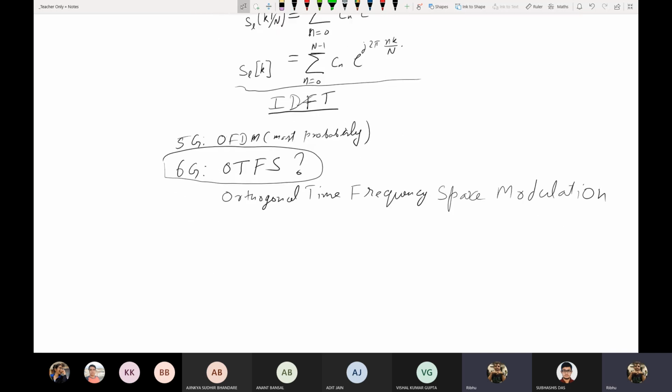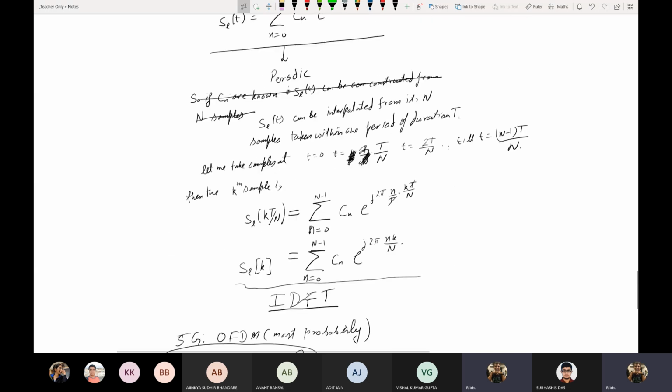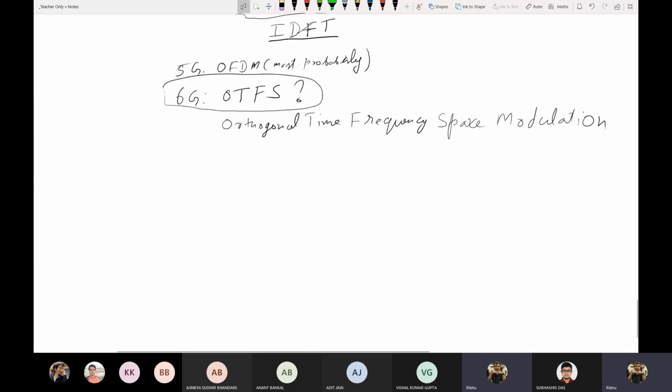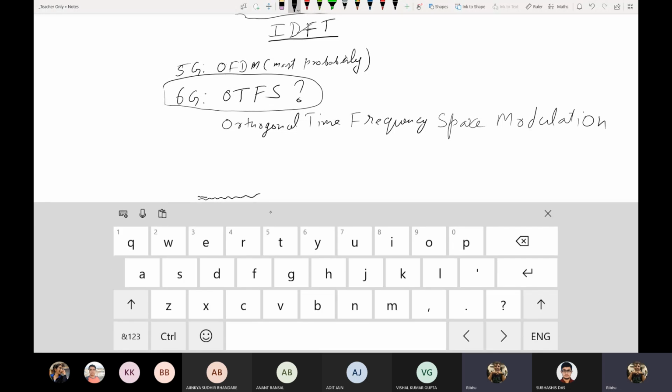Anyway, we lost that diagram, so I'll draw that again. We had stopped with this diagram. Say you have a stream of bits.